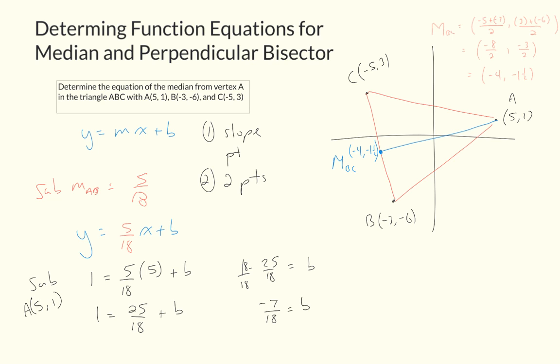So I have everything I need, therefore the equation of the median is y equals 5/18 x minus 7 over 18. Now I'm not done until I look at my picture and say, is that reasonable? It's for sure has to go up in that direction.